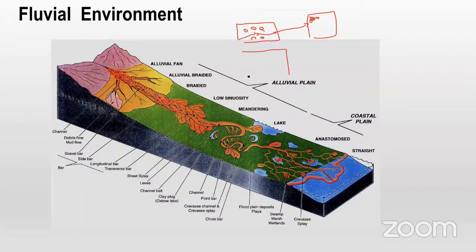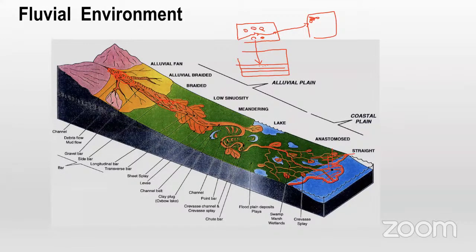Sometimes it's because of compaction. For example, you have some interval, and at first, in this area, you have deposition, and maybe you have 10% porosity. But because of the overburden pressure of the other sediments, you have compaction.